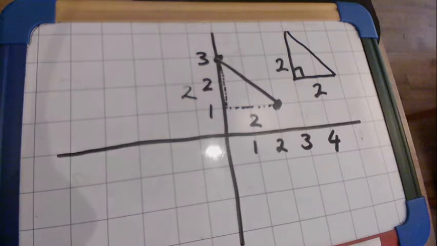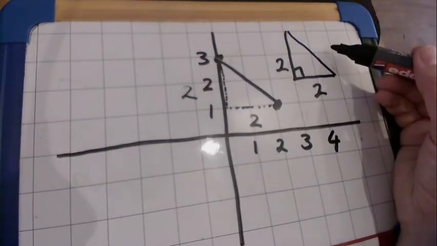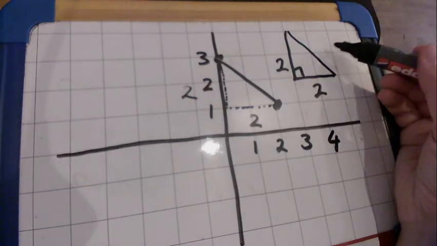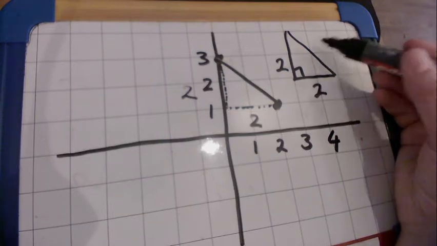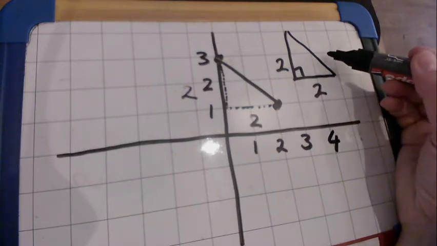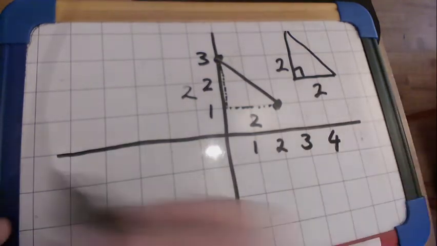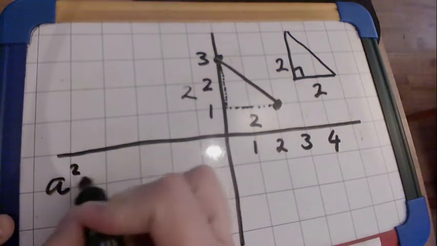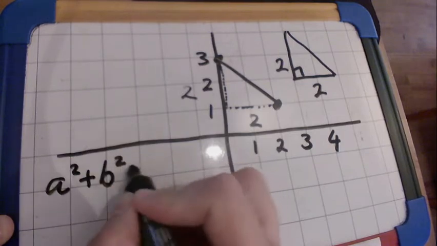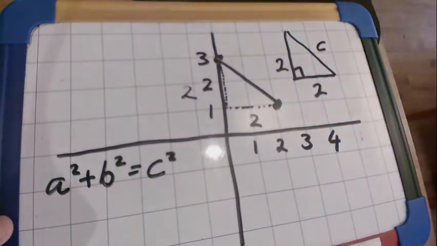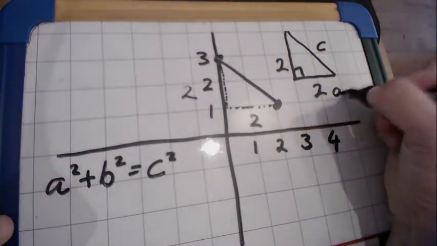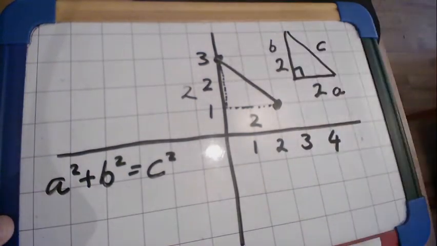Now how do we find the longest side in a right angle triangle? Well, if you remember rightly, this is called the hypotenuse. And hopefully that rings a bell and says to you, hang on, I need to use Pythagoras' theorem. Now Pythagoras' theorem, as you remember it, is a squared plus b squared equals c squared, where c is always the hypotenuse and a and b are the other two sides.